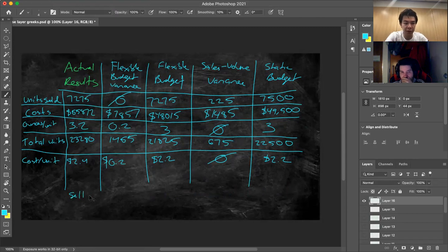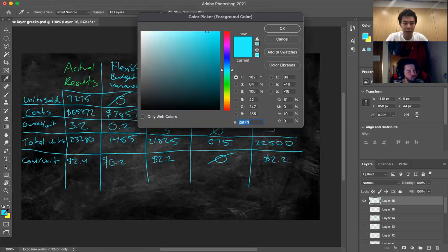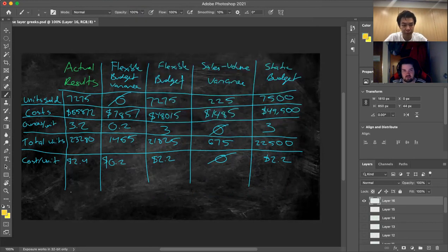I'm going to write this in a different color so you can see it better. Let's pick yellow or something. Selling price variance. And we also call this total variance.